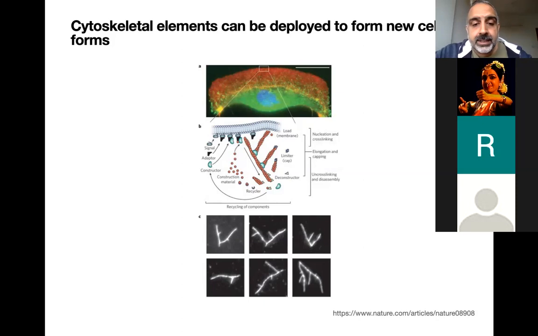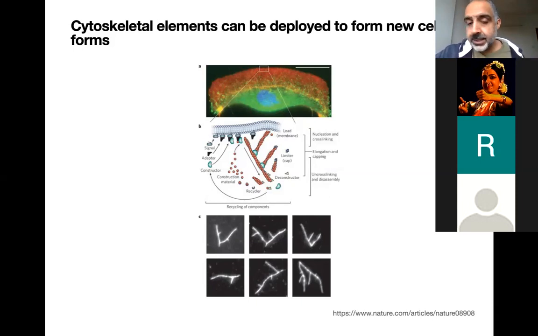And what you're looking at in C is this happening in vitro. By adding particular proteins, this actin branching structure can be recreated in vitro without a cell, just based on the individual components that make these structures.